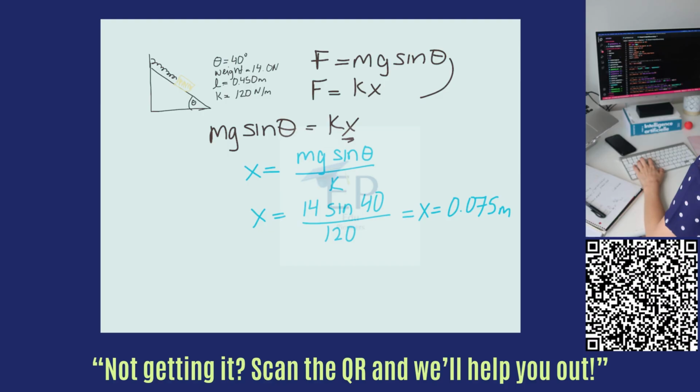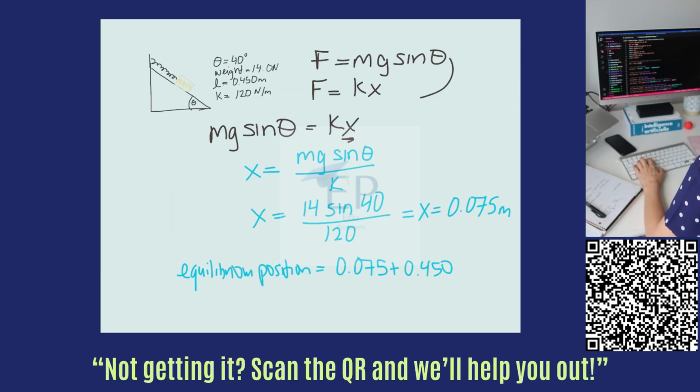But to get the full equilibrium position, we are actually going to have to take the displacement, which is our 0.075, plus the length of our spring, which is 0.450 meters.